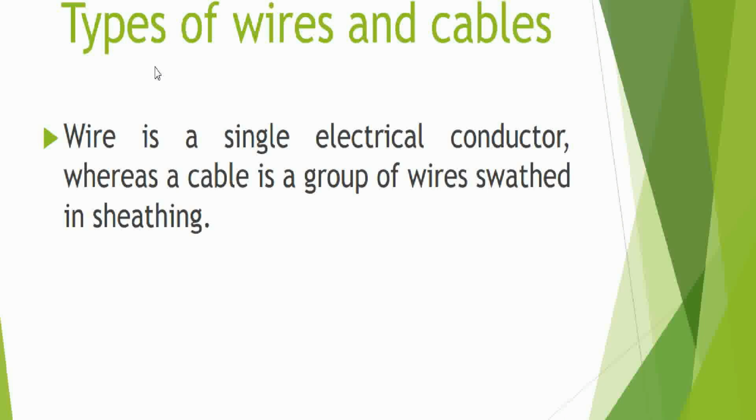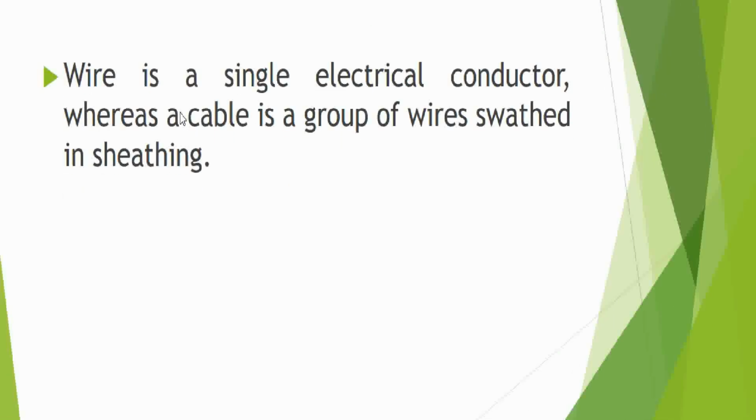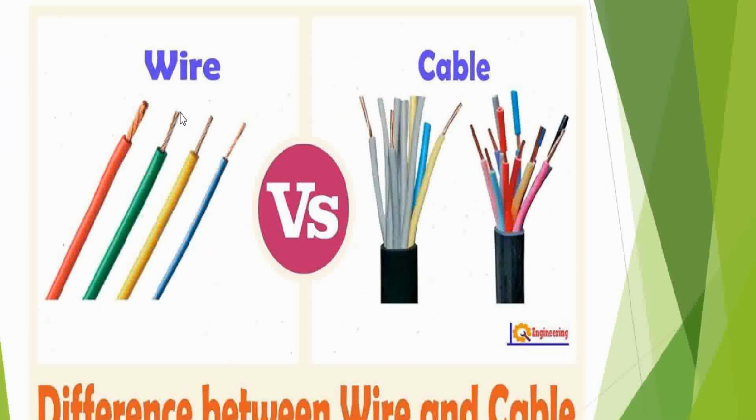And if you make that single electrical conductor into some groups, and if you provide some mechanism which protects that whole group, that is called a cable. In the next slide you are going to see a visual of how a cable looks and how your wire looks. So this is your wire.